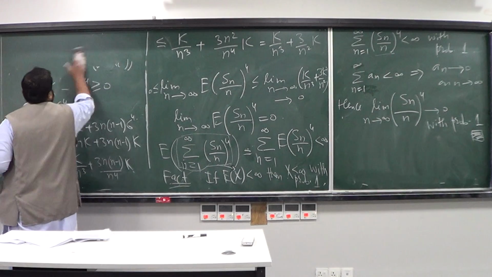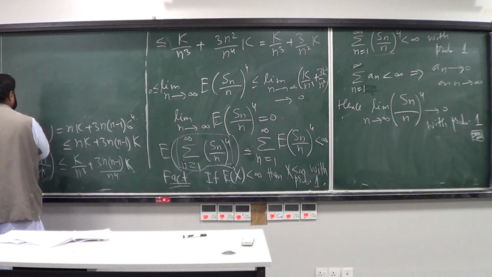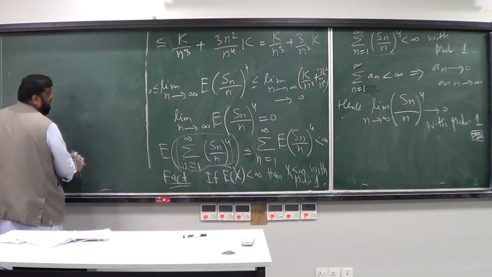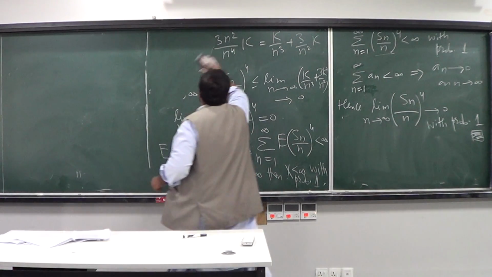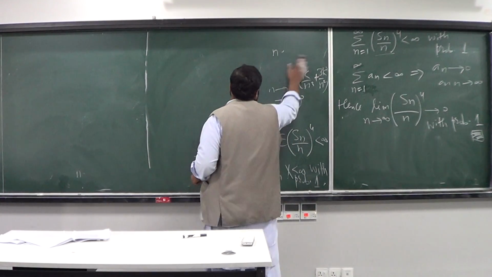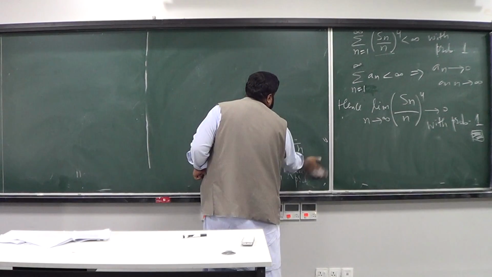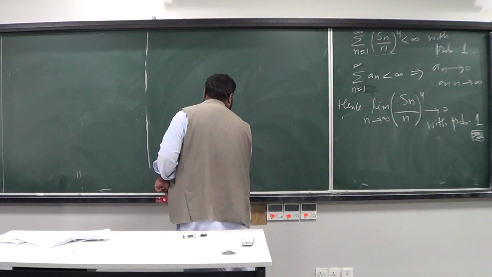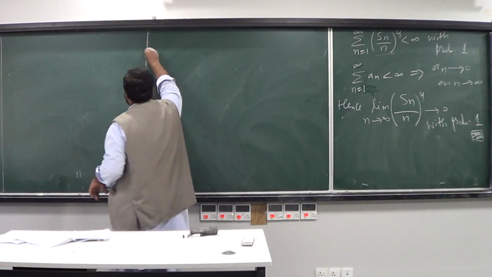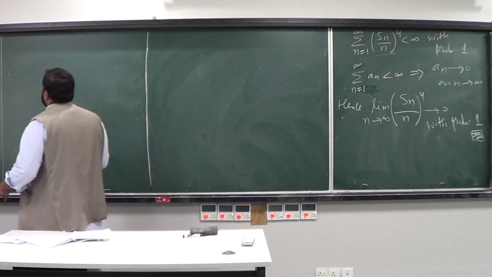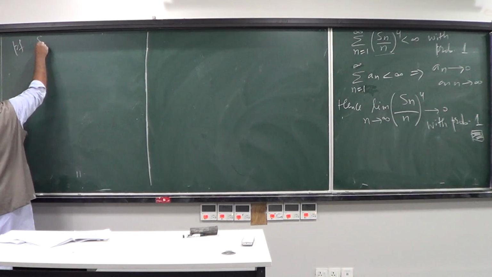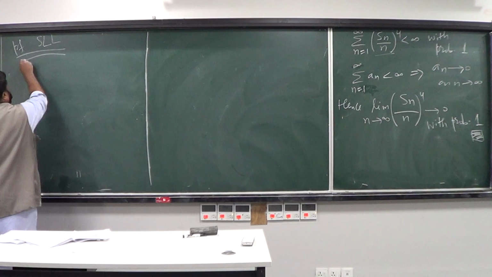Now let's get to the proof of the strong law of large numbers. We have almost done the proof. The only thing is to formulate it precisely. It's almost become like a tutorial, where I'm getting into every single detail. So, proof of the strong law of large numbers.